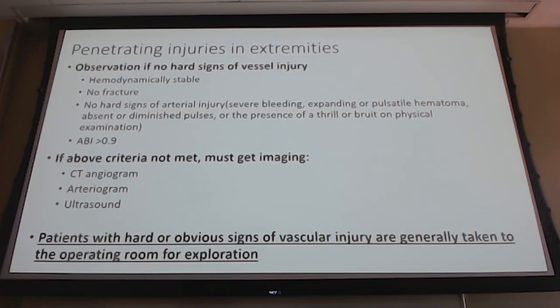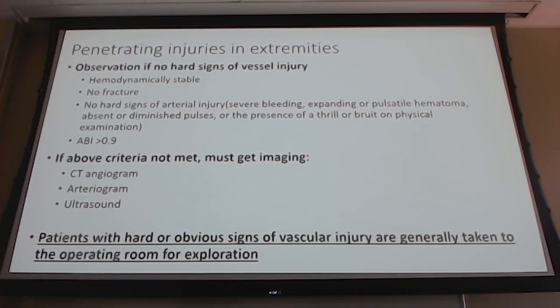If patients have any hard signs, so if any of these things are happening, okay, or if they have an obvious sign of a vascular injury, right? They're pulsatile bleeding, maybe you actually see pulsatile bleeding out of the wound, okay? They're most likely, or pretty much 100% of the time, taken to the operating room for exploration, okay?